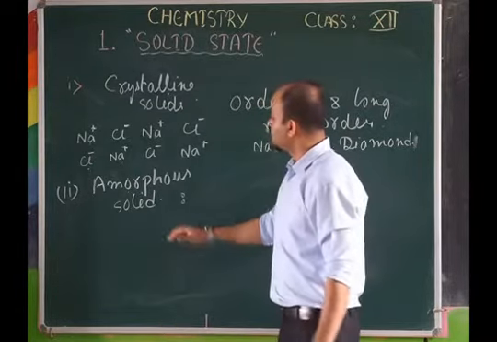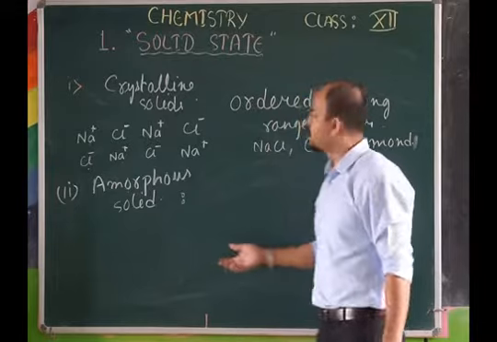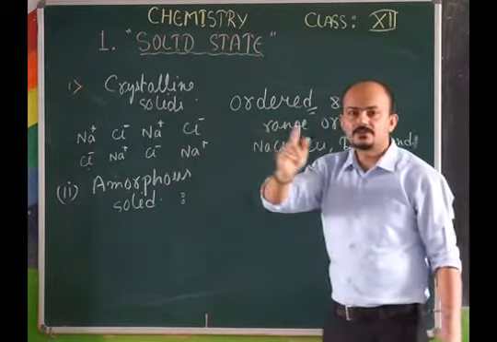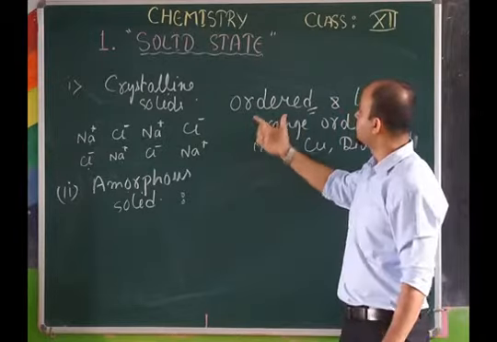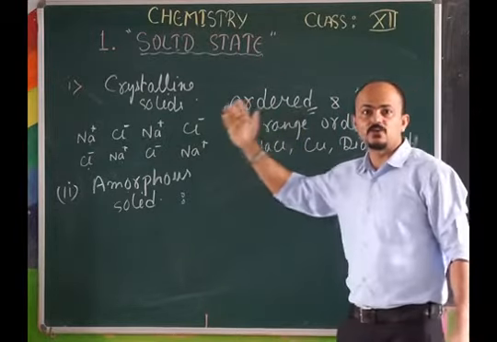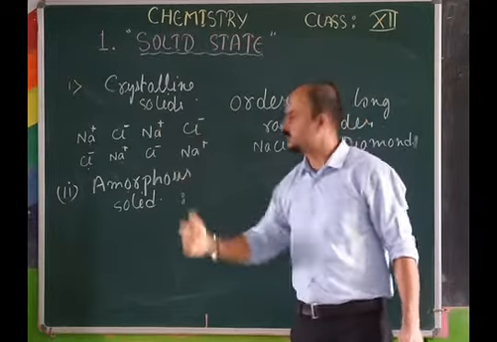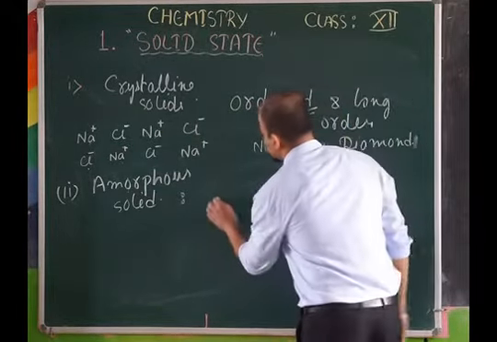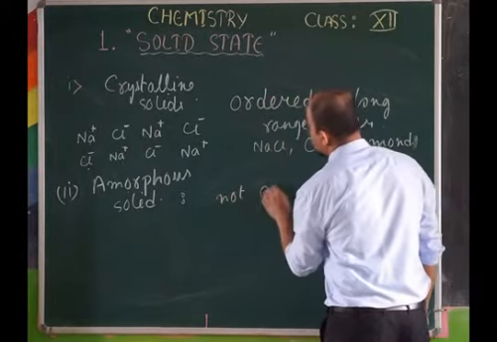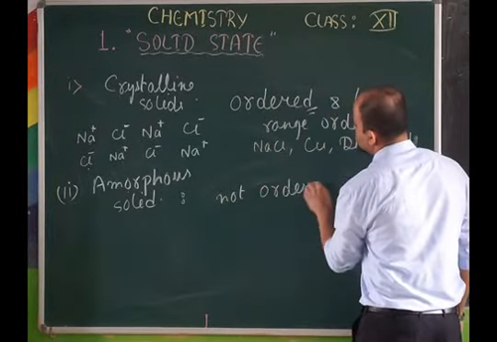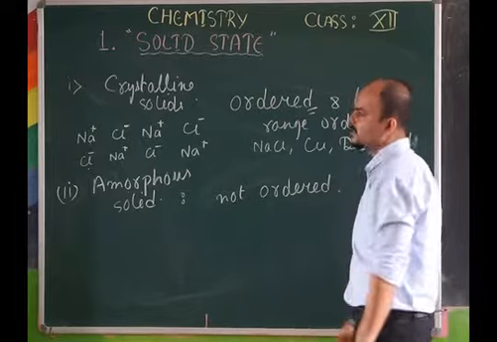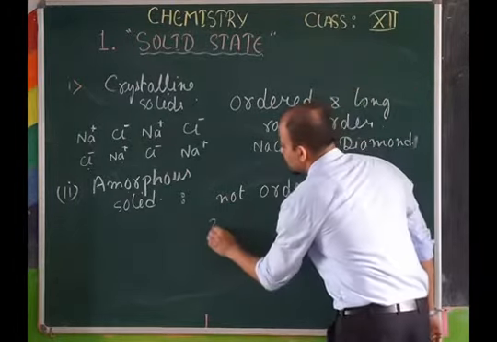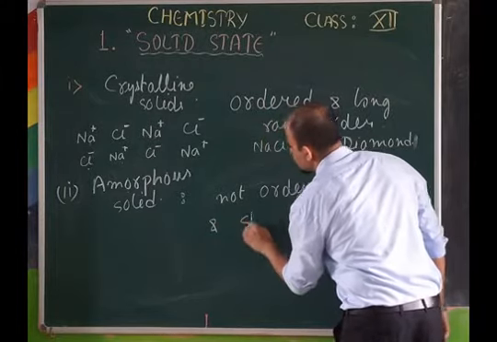Now, amorphous solids are just the opposite. In crystalline solids the constituent particles had an ordered arrangement extending to a very long distance. But in amorphous solids, the arrangement of the constituent particles is not ordered, and it extends only to a very short distance.